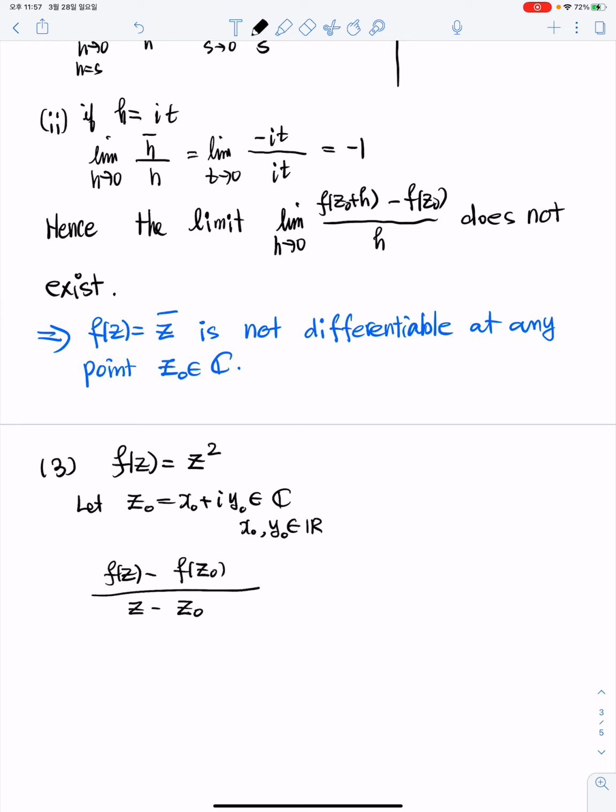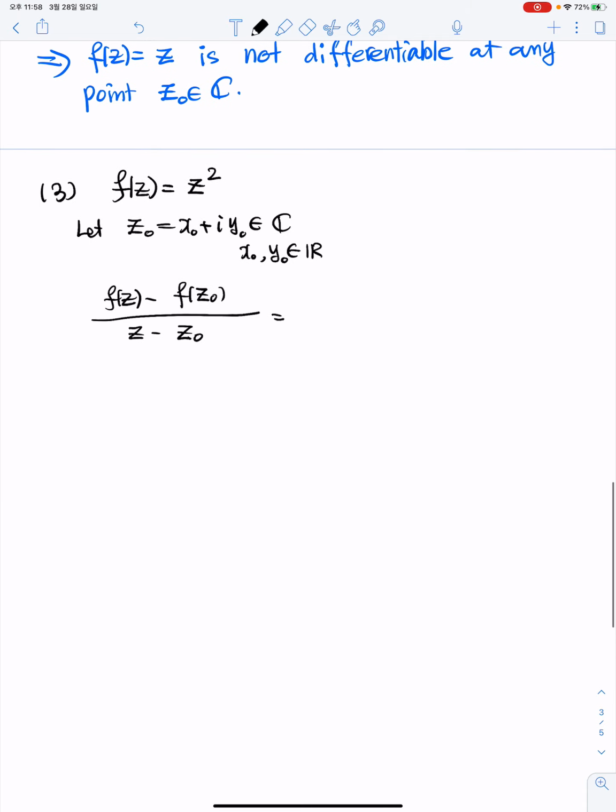You expect that the derivative is 2z0, right? That's what we want to show. So h goes to 0, and here we have f(z0 plus h) minus f(z0) over h.